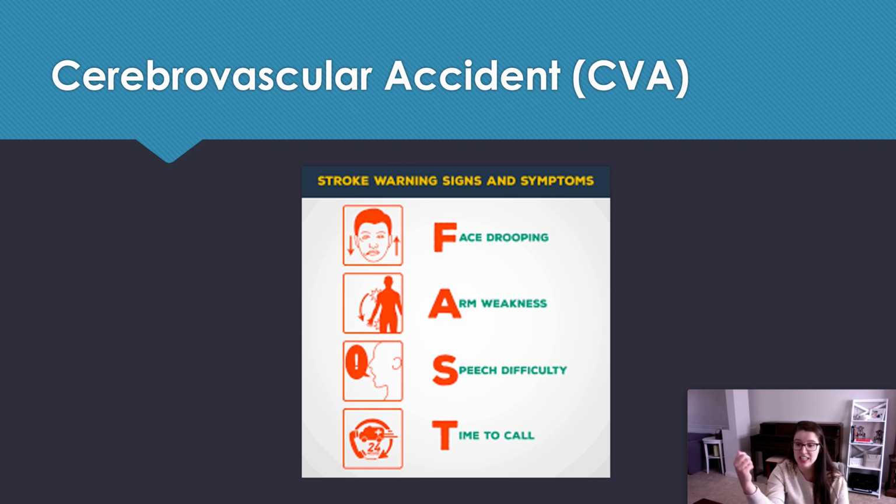Speech difficulty, whether it's slurring, or jumbling of words that don't make sense. If you see these in someone, that's the sign to call 911 right away, because reaction time can really be a big difference on whether or not somebody not only survives, but what the long-term injuries from a stroke are, right?